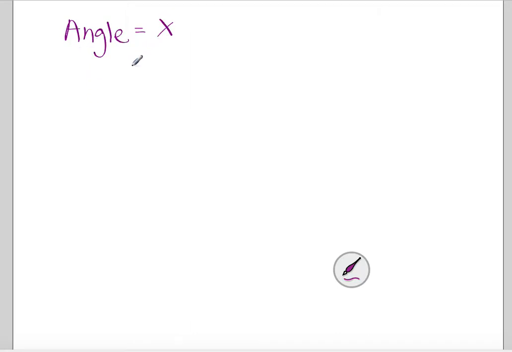So if our angle is x, the complement to this angle would be the rest that would add to 90. So if we take 90 and subtract x, that would be the complement of the angle that we don't know.